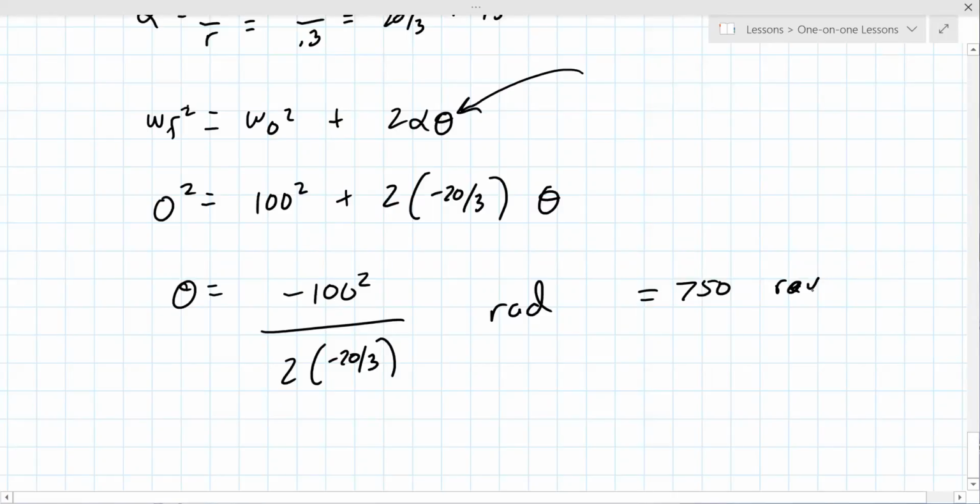Oh, and then you put back in 750 radians. What is the answer in? It says revolutions. So that's divided by 2 pi radians in 1 revolution. So you said about 119. That sounds right, because that's divided by that. Yeah, so 119.